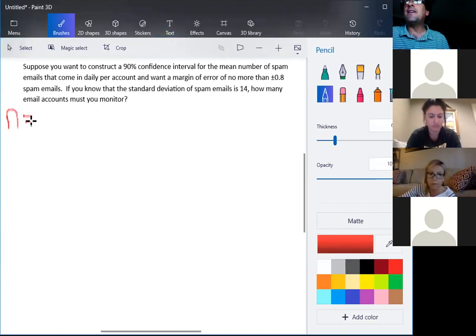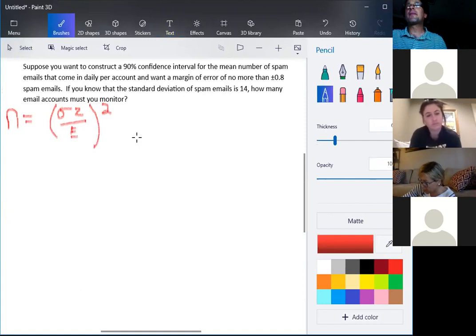So n is equal to sigma times Z over E, squared. Any questions on that?